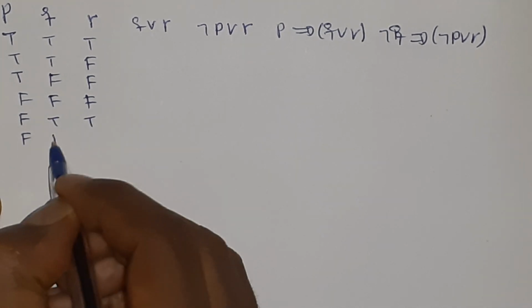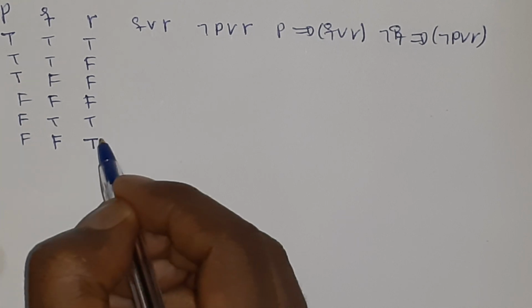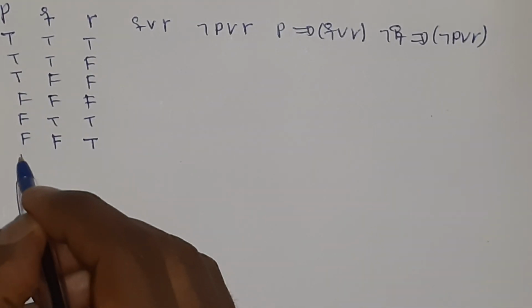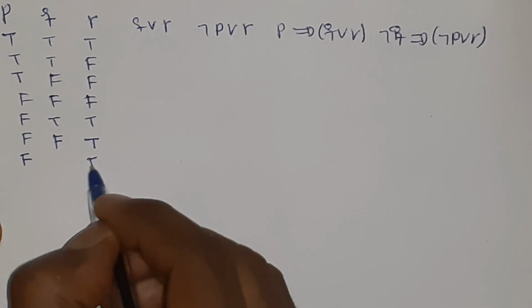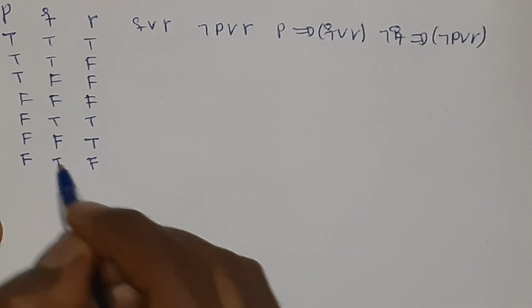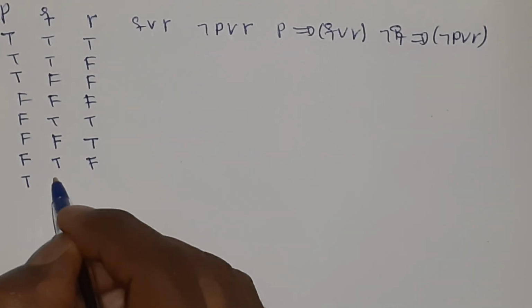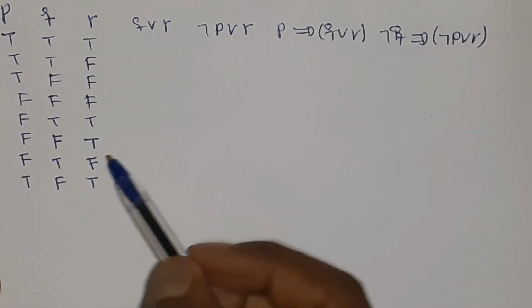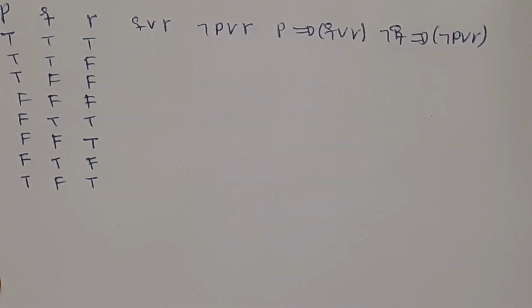The first two true, false, and the third true. The first and the third false, and the middle one true. And next we have true, false, and true. That is 1, 2, 3, 4, 5, 6, 7, 8. So these are all the possibilities for the truth values of the simple statements.